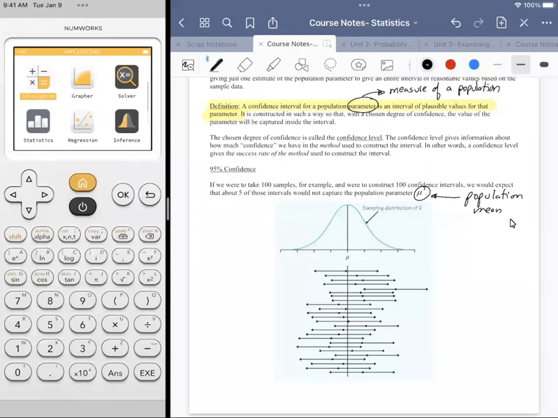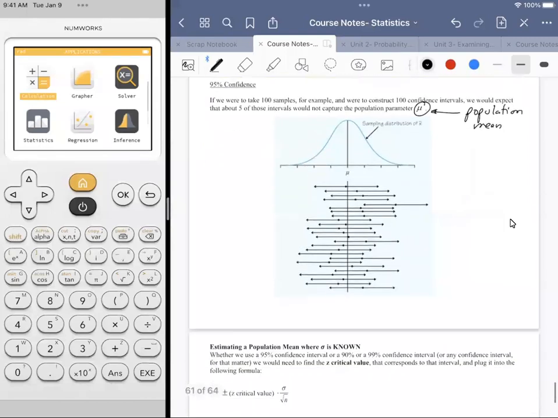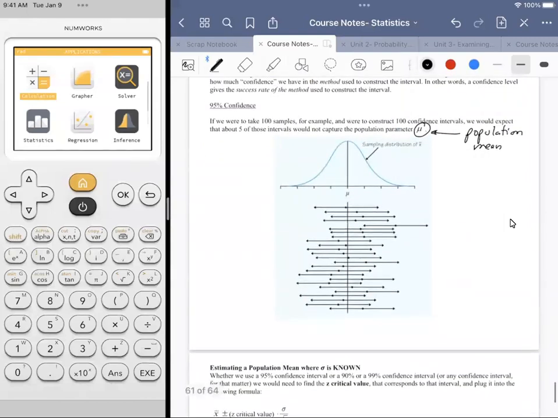Ideally, they would all capture the population mean, in which case you could be really sure where it is. But it's also possible that none of them capture it, in which case you chose some pretty extreme samples. I'm saying out of 100 samples, but there's no restriction. You could have 1,000 samples if you want.